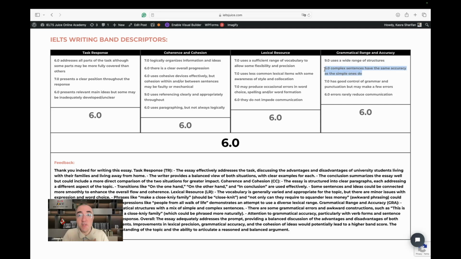So their complex sentences had the same accuracy as simple ones, or maybe a little less. Basically, we had many visibly, significantly visible errors in punctuation and very visible grammatical errors that affected understanding, that I had to correct all the time. I had to fix the grammar issues.